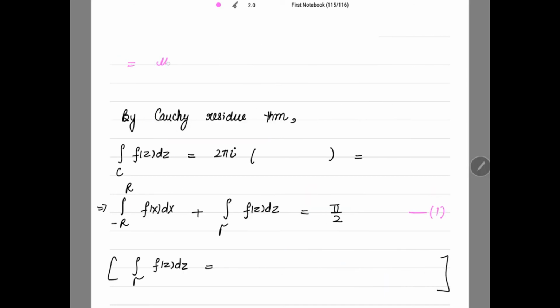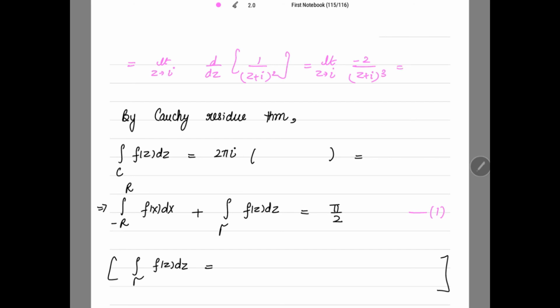limit z tends to i, d by dz of 1 over (z+i) whole square. You have to differentiate this once. So this is equal to limit z tends to i, the differentiation is −2 over (z+i) whole cube.